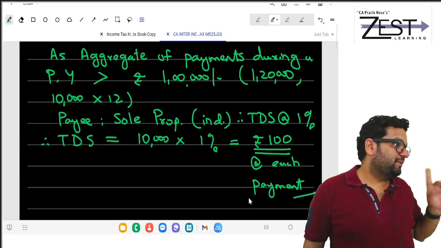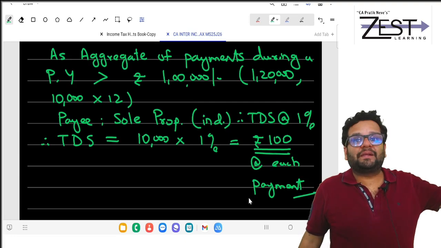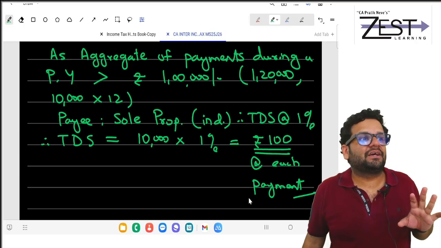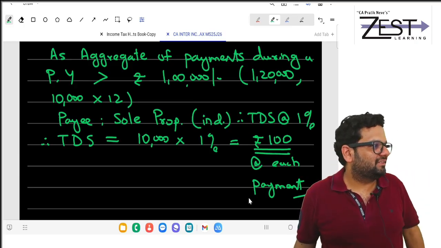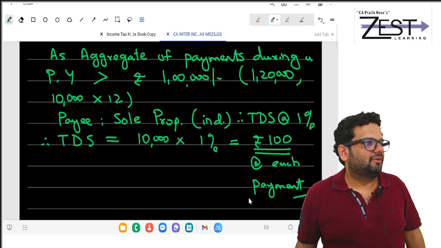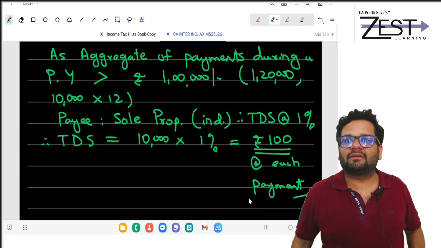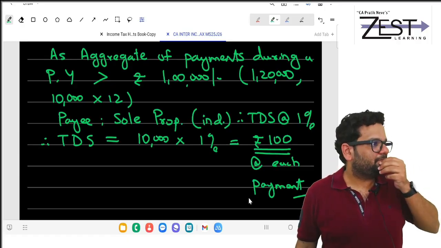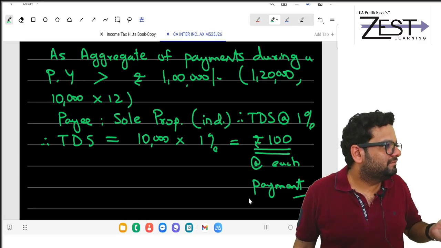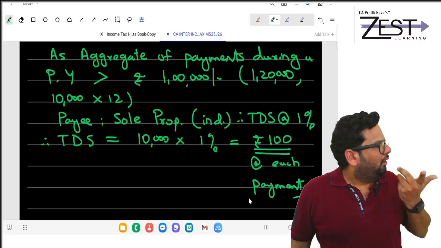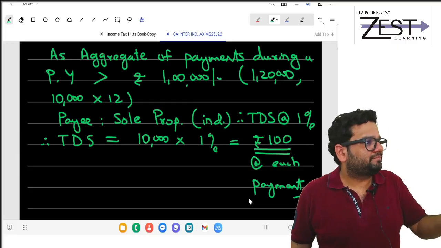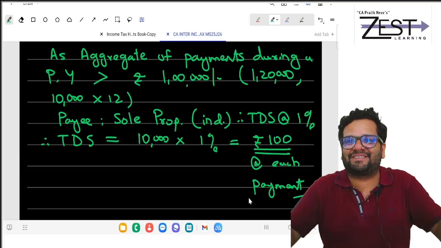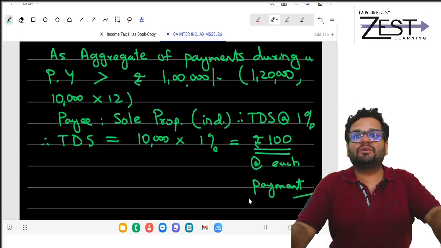See, actually, keep one thing in mind. Over compliance is better than under compliance. So someone can ask, what if after 2 months they disagree with the contract? No problem. At the most, what has happened? Extra TDS. TDS is not a waste.